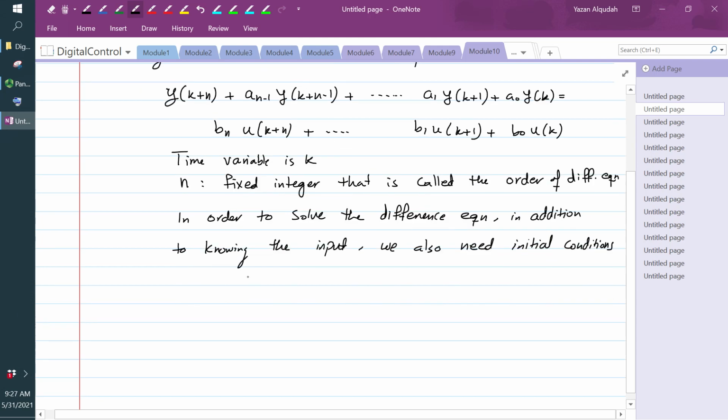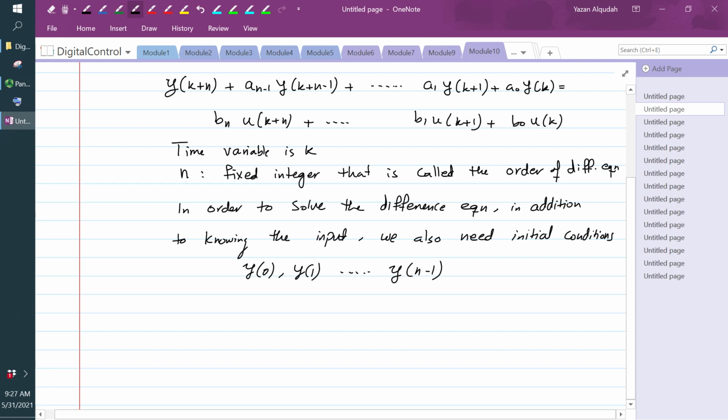And these initial conditions are going to be y of 0, y of 1, all the way to y of n minus 1. So again, this is an nth order, so therefore we're going to have initial conditions from 0 all the way to n minus 1. So let's look at an example.